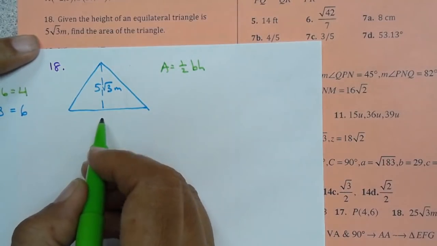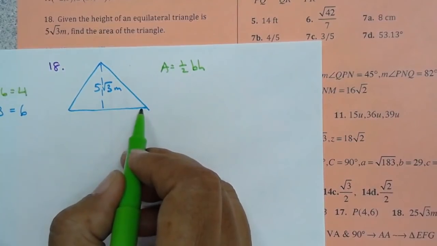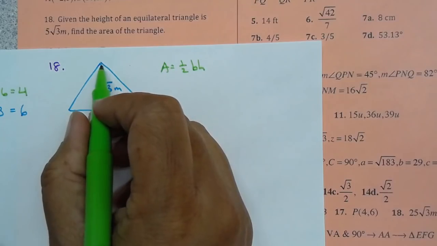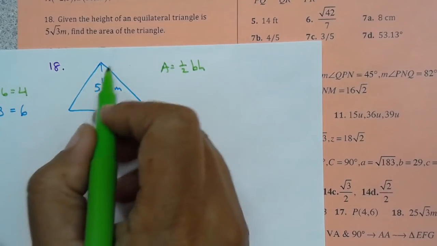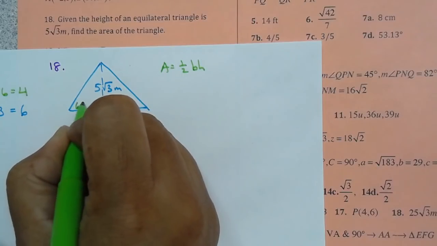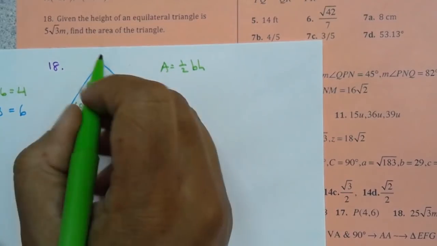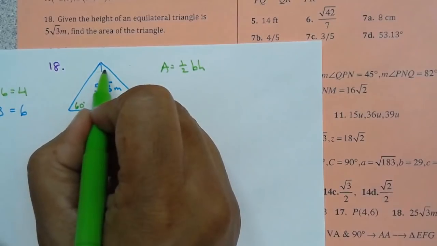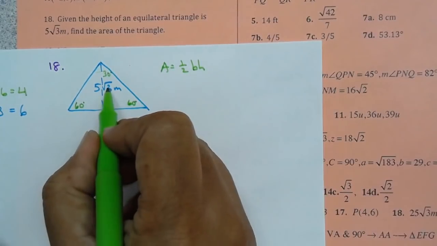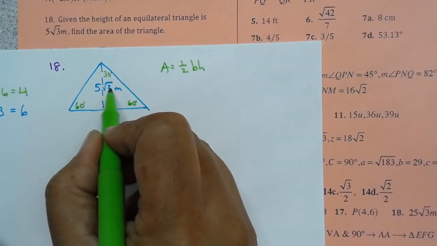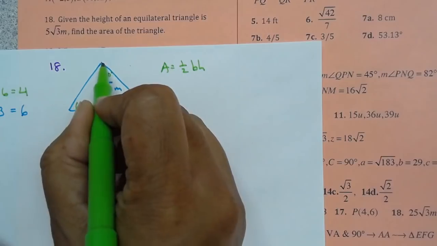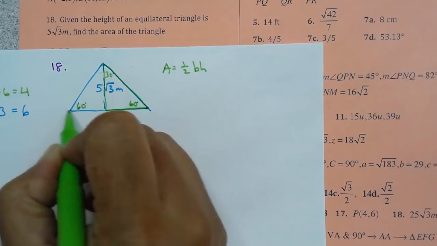I need the base. But if you remember, the special triangle is one of the equilateral triangles split, because remember every corner of an equilateral triangle is 60 degrees. And this is 60 together, but split in half is 30. So if I know that this is 5√3, and I find what this side of this little special triangle is, I can basically double it to find the full length.